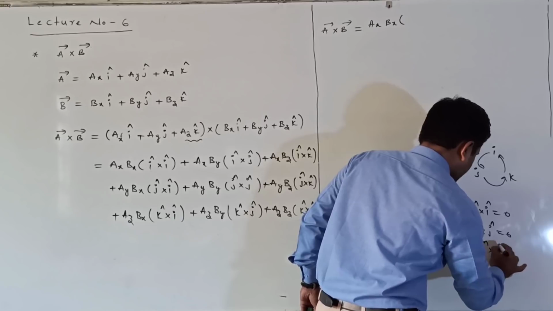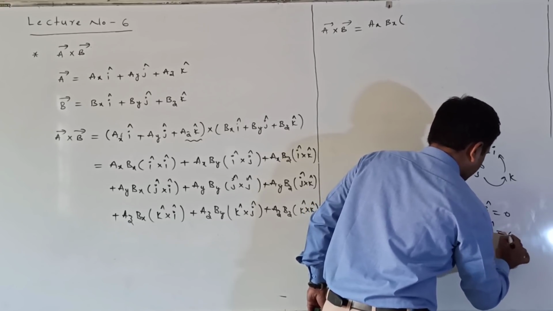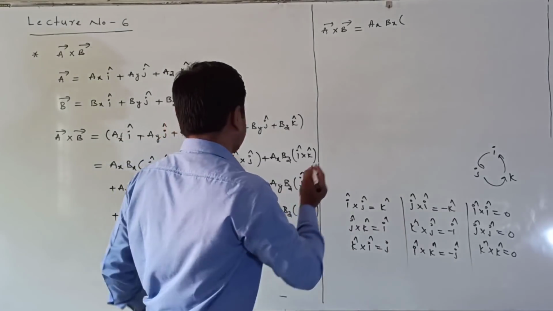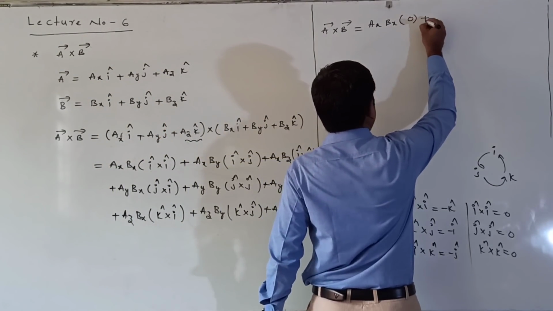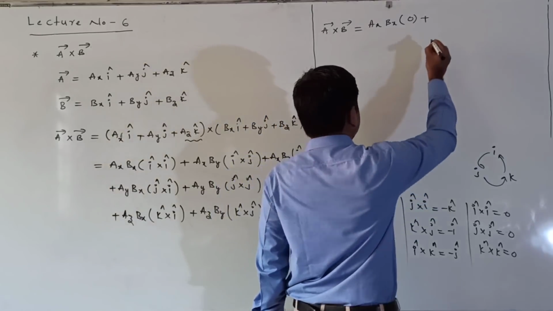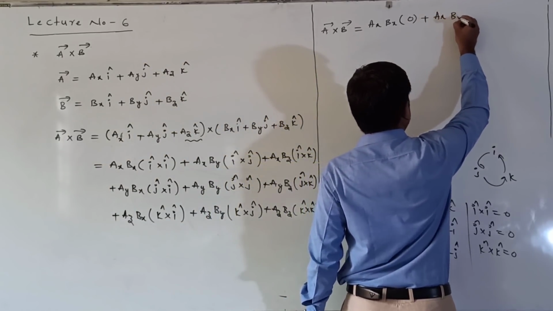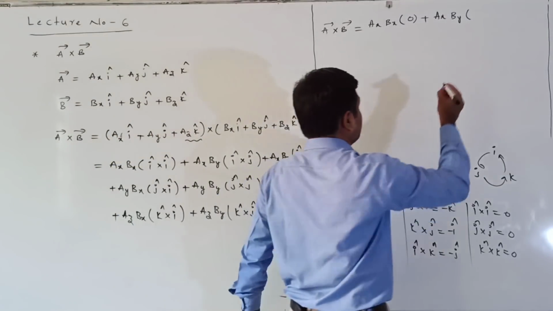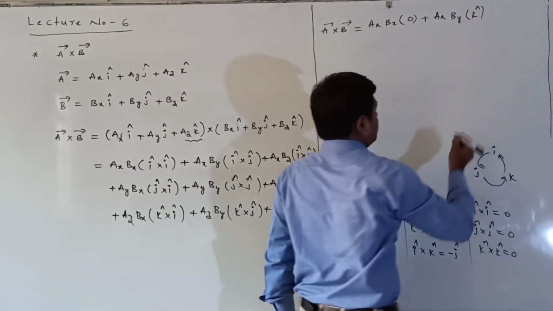K cap cross K cap also equal to 0. From this, AX BX into 0 plus next AX BY into I cap cross J cap. I cap cross J cap is equal to K cap.